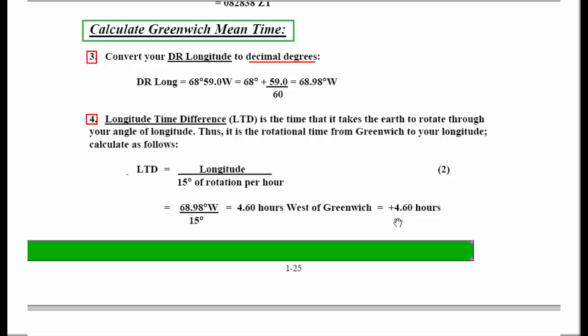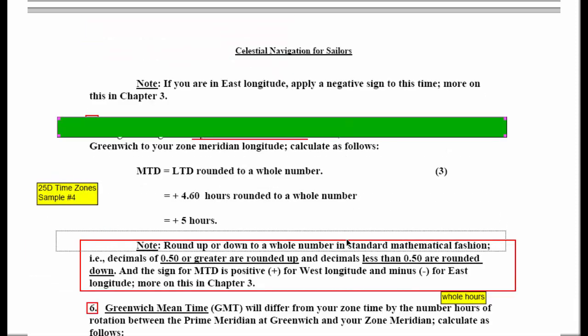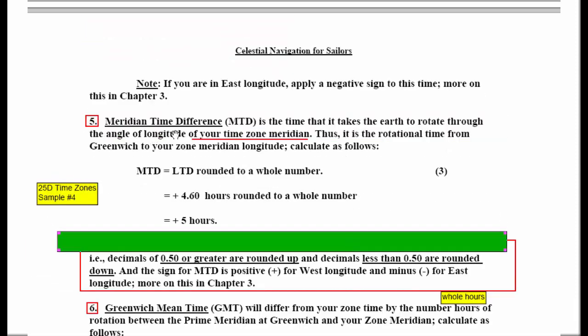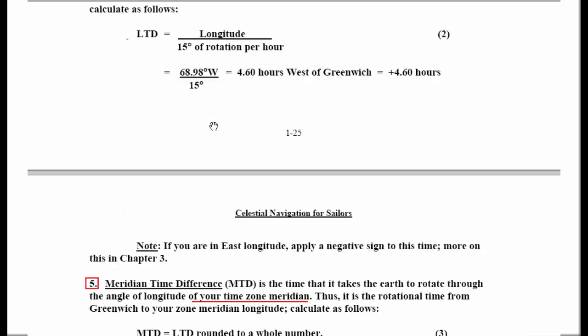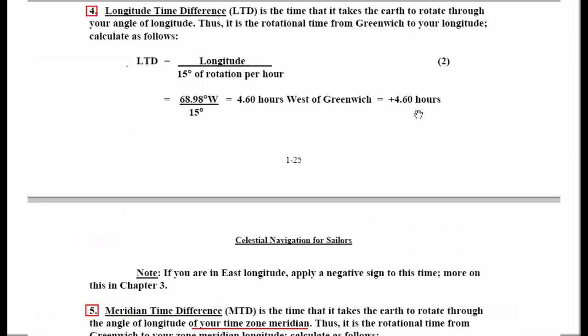If it was less than 4.5 hours, like 4.49999, we would round down to zone 4. That is shown here, and it's called meridian time difference, where this was the time difference in hours.